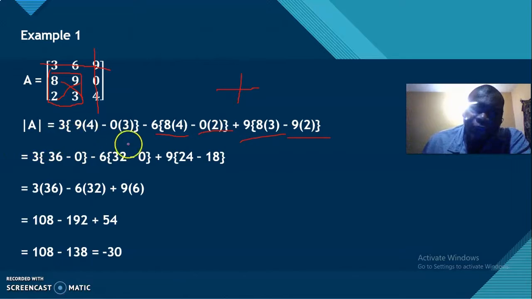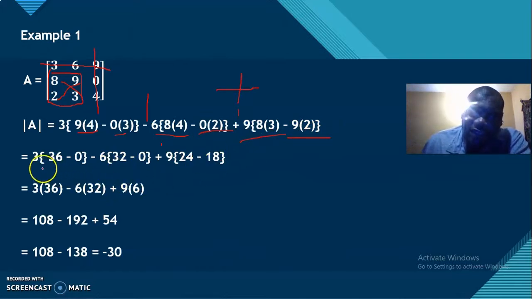To now process this particular equation, I will now say is equal to 3, 9 times 4 is 36 minus 0 times 3 is 0. Then this minus 6 open bracket, 4 times 8 is 32 minus 0 times 2 is 0, plus 9 open bracket, 8 times 3 is 24 minus 9 times 2 is 18.